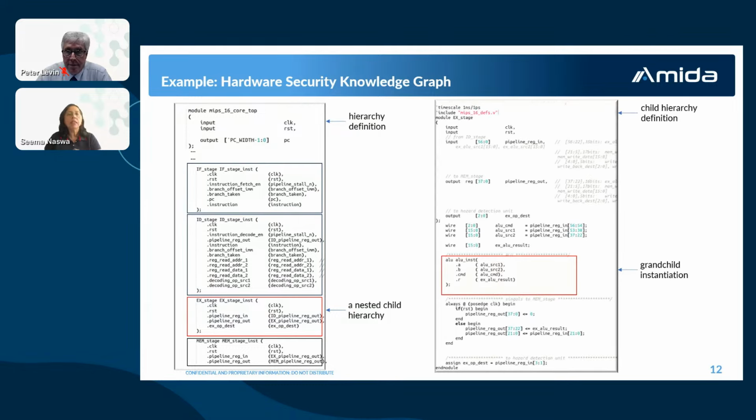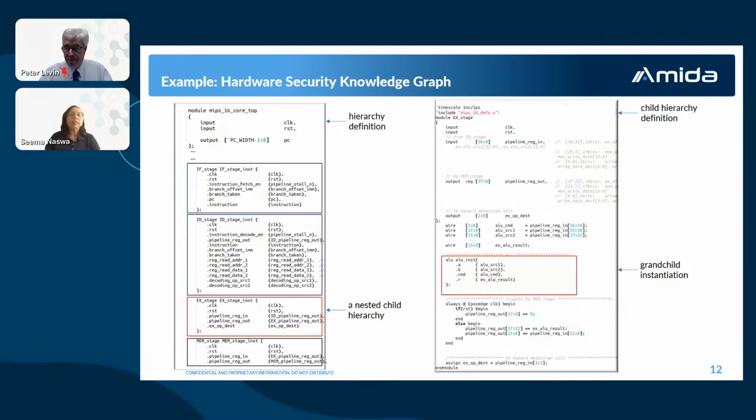Like if I click here, I get the definition of this red hierarchy, and this further instantiates more child hierarchies. And along with the sub-hierarchies, a hierarchy can contain those same elements that I described earlier, the registers, the signals, the stateful and stateless elements.